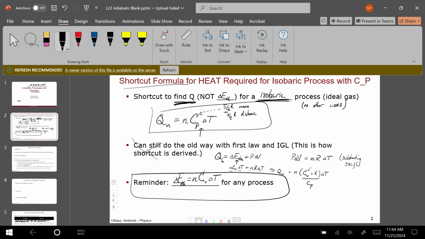For a diatomic gas, this CV here would have been 5 halves R. I add on another R to get 7 halves R for CP. Okay, again, this is the main takeaway from this formula, a shortcut process to find the heat inputted during an isobaric process.